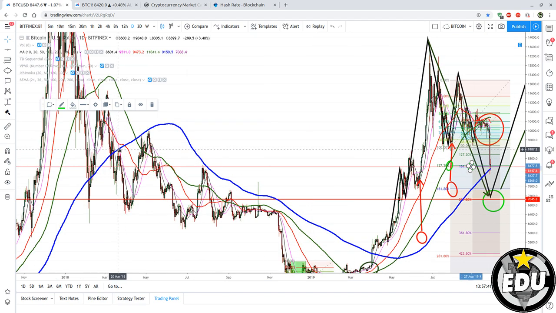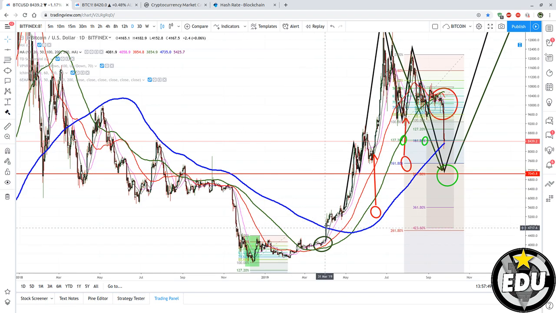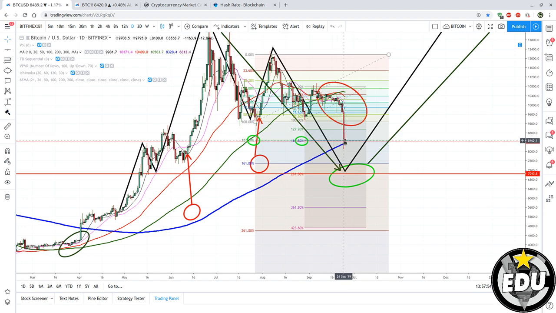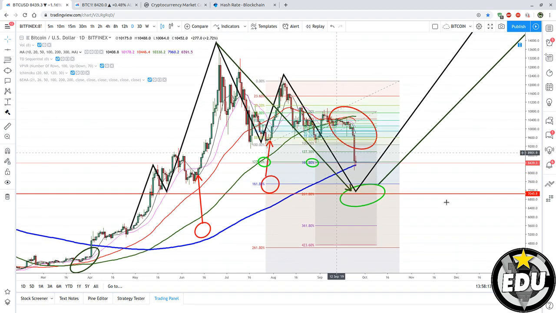The 200 acts here as resistance also. I've never actually seen it acting as support, so I cannot really say if this could be a support based on the 200, because I would like to see it retested more than once to say that okay, it's acting as a support. But right now, just one touch, I mean, it can break. I didn't really make a lower low here, a swing low. You can just dump.